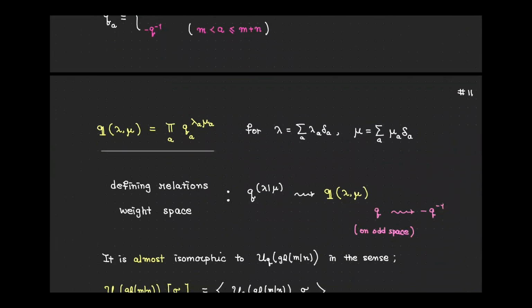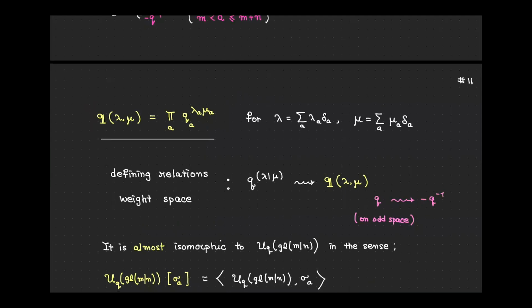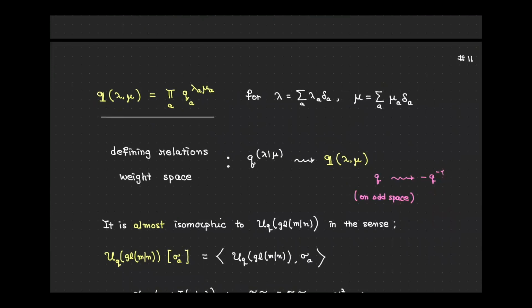Then, instead of q to the bilinear form of two weights, I will introduce another bi-additive function on the weight lattice, where for two given weights lambda and mu, written as linear combinations, we define this function to be the product of q_a to the product of the coefficients. When the indices are all even, it's just the usual q to the power of lambda paired with mu.